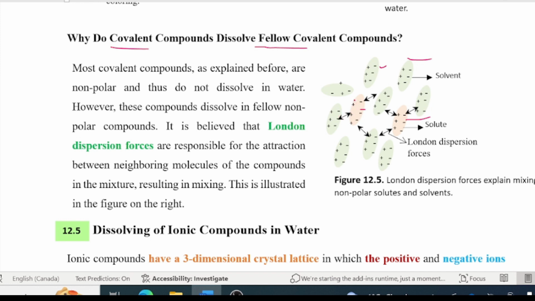See this here? Positive charges are induced here because of instantaneous dipole, and it induces a dipole over this side, and it's happening all over the place here with lightning speed. That's why a non-polar solute can be dissolved by a fellow non-polar solvent.